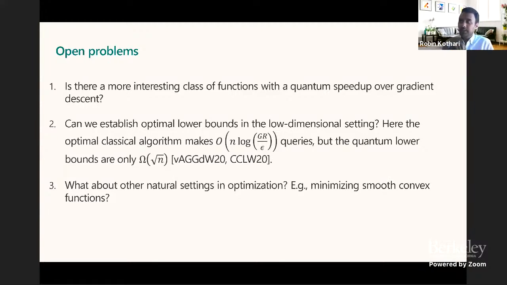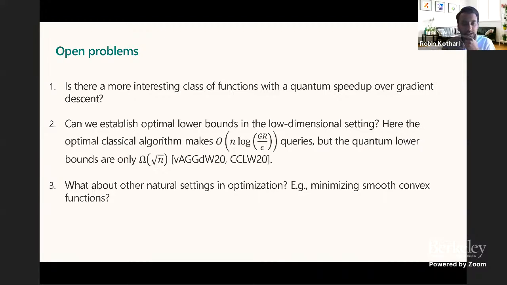The complexity goes like 1 over epsilon to some power, and the power is a function of p, something like 2 over 3p plus 1. And what you can show is that classically, at least among deterministic algorithms, this family of algorithms is optimal.